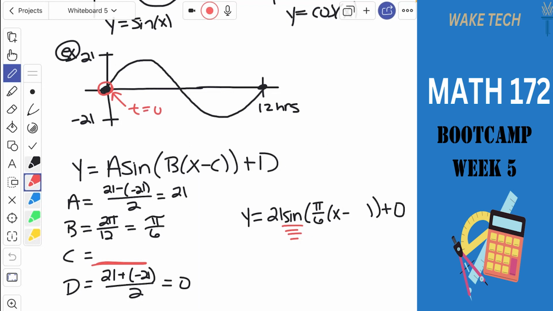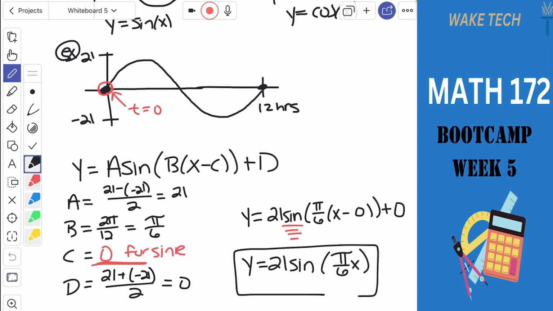It's the beginning of the scenario. So C is 0 for our sine function. And so this is our equation with all the components incorporated. The zeros, of course, we don't need to write, so I'm going to drop those. But this is ultimately the function we would write.